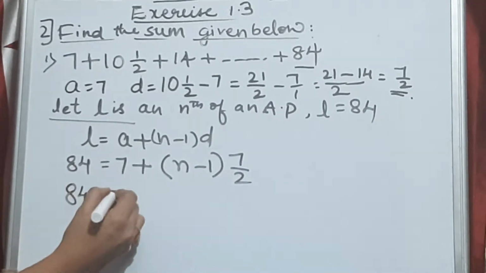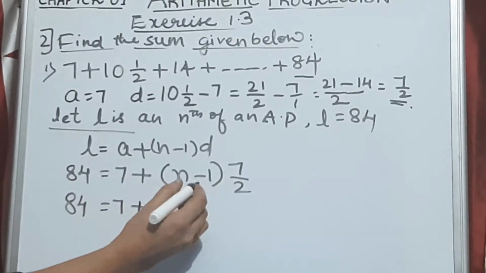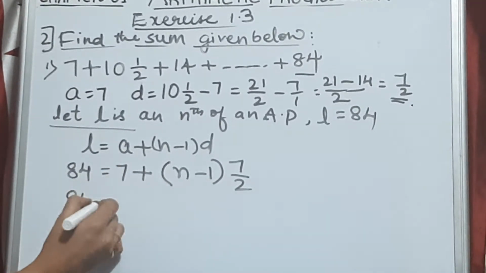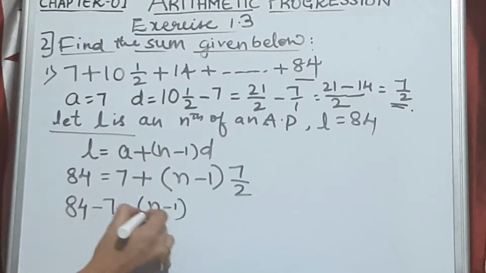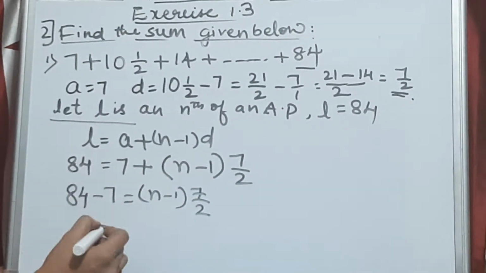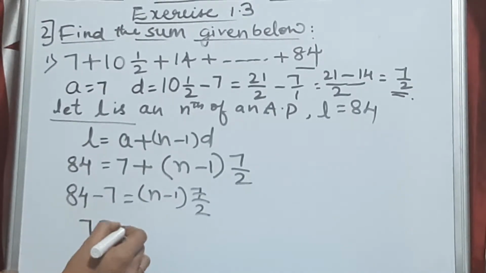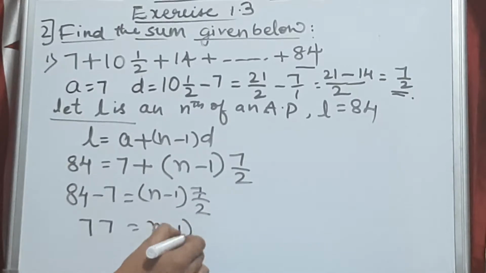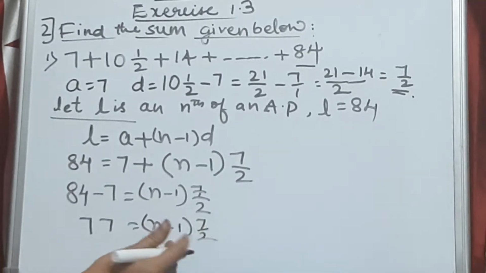Now we calculate: 84 minus 7 is 77. So 77 is equal to (n minus 1) into 7 by 2.